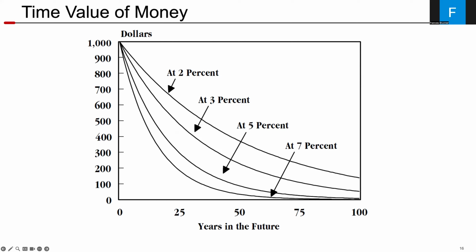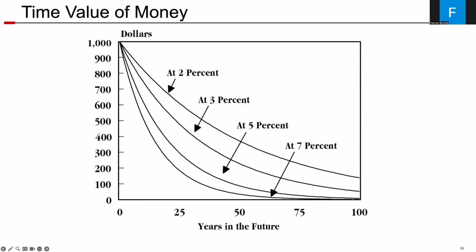This means the higher the inflation, the more the relative dollar declines in a faster amount of time. So, time value of money is the financial principle stating that money received now is more valuable than the same amount received in the future.